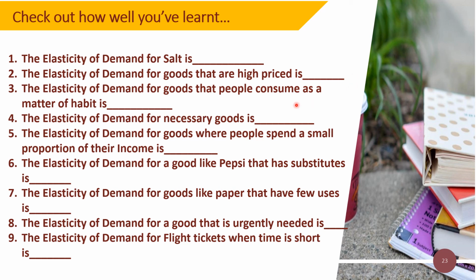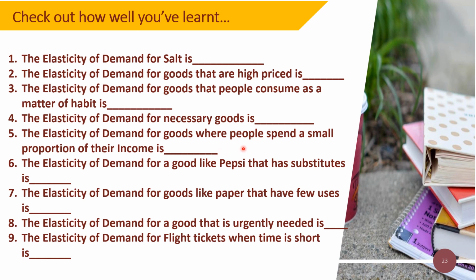The third one, the elasticity of demand for goods that people consume as a matter of habit is relatively inelastic. The elasticity of demand for necessary goods is relatively inelastic.